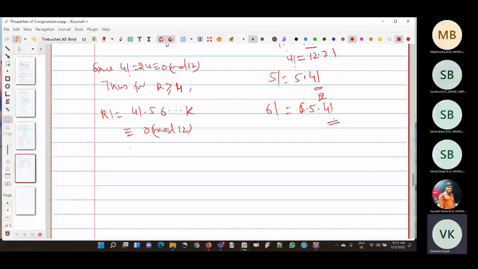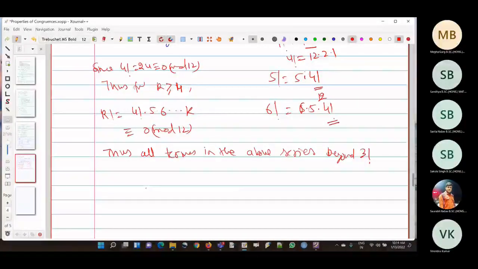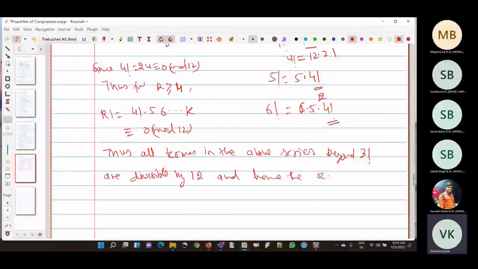So the remainder is, thus all terms in the above series beyond 3 factorial are divisible by 12, and hence the remainder is 1 factorial plus 2 factorial plus 3 factorial, and this is equal to 1 plus 2 plus 6.